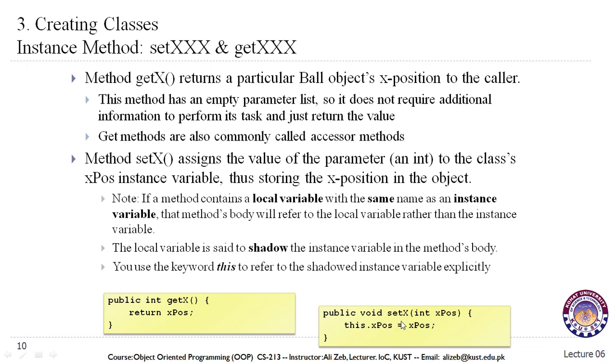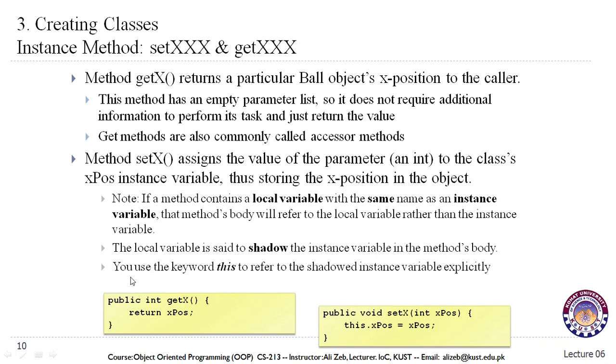But the problem over here is they have used the same name for the local variable and for the instance variable. If we do not use this keyword over here, we will have a situation of self assignment where the variable is assigned to itself. That will defeat the purpose of trying to change the value of our instance variable.